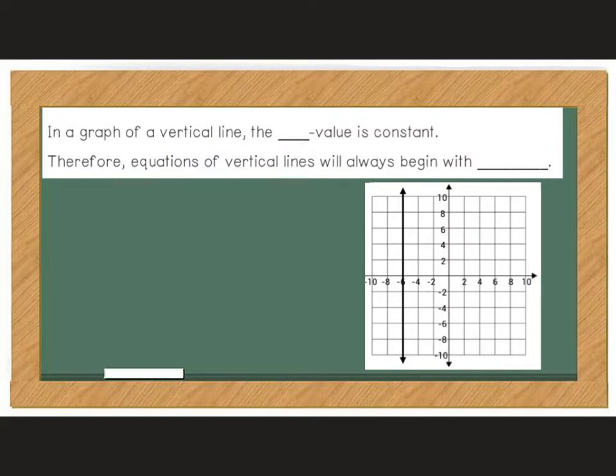In a graph of a vertical line, the x value is constant. Therefore, equations of vertical lines will always begin with x equals, which means in this case there is no y-intercept because all the values will be x's.